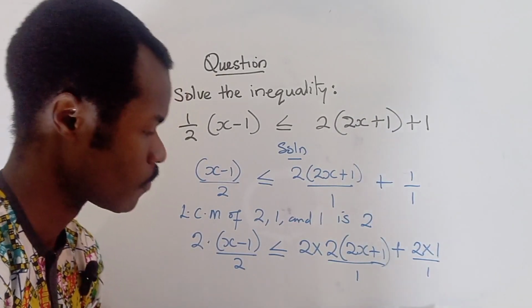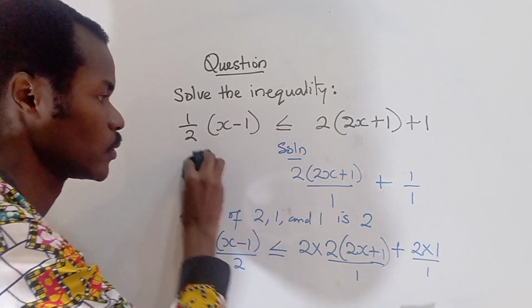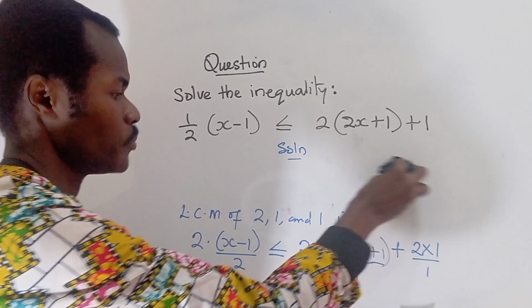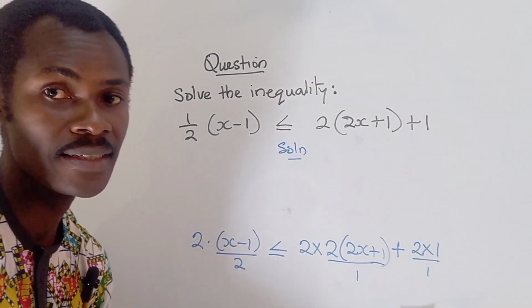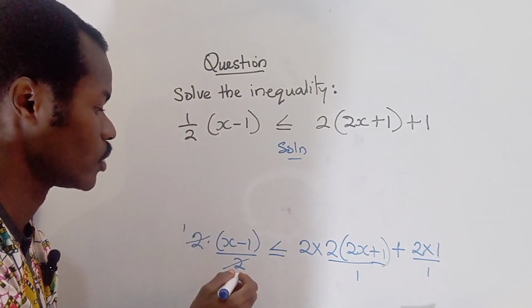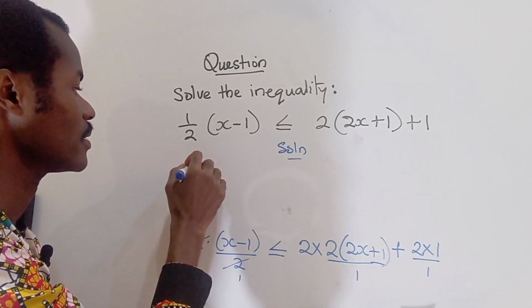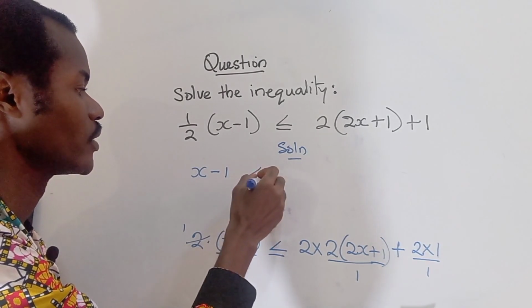All right. So now from that, we can simplify further to see what this gives us. At the left hand side, I can see that this 2 can cancel out this 2, which is 1. 1 times this is 2x minus 1, which is less than or equal to.